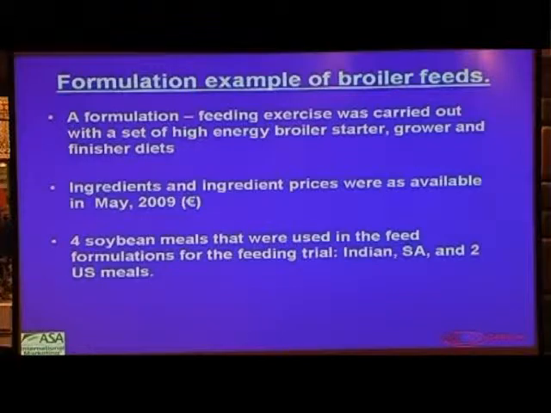The formulation example that I like to show you in broiler feeds is a formulation exercise combined with a feeding exercise. So we actually fit the feed to broilers as starter feed, grower feed, and finisher feed. So you have the whole program.